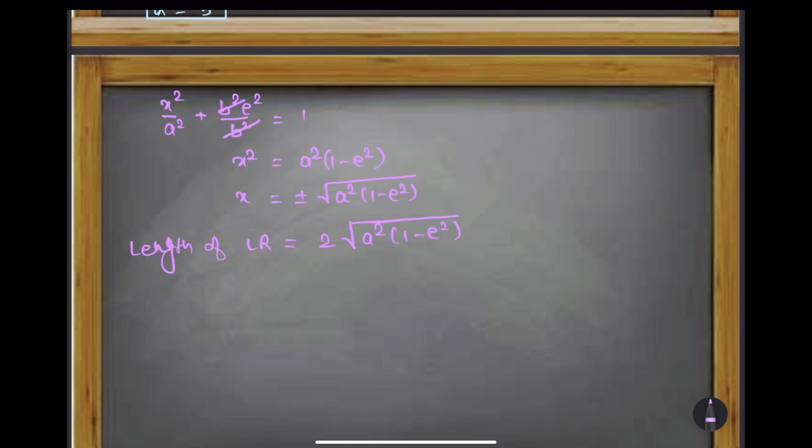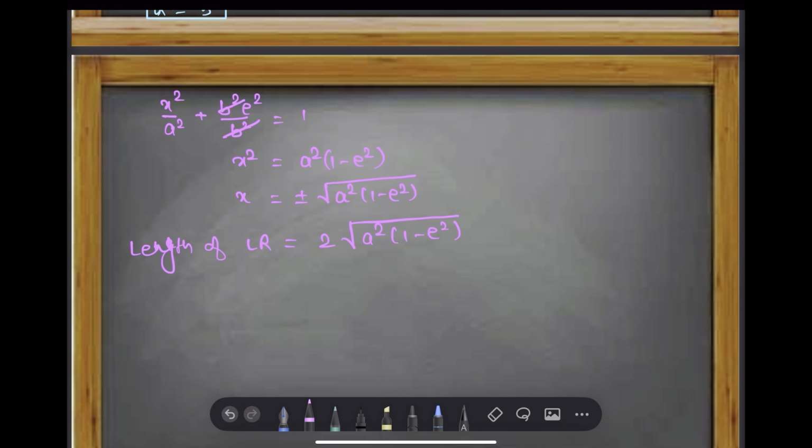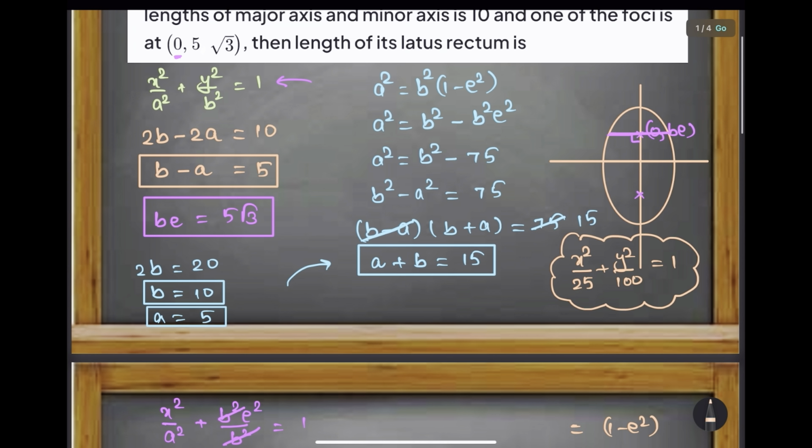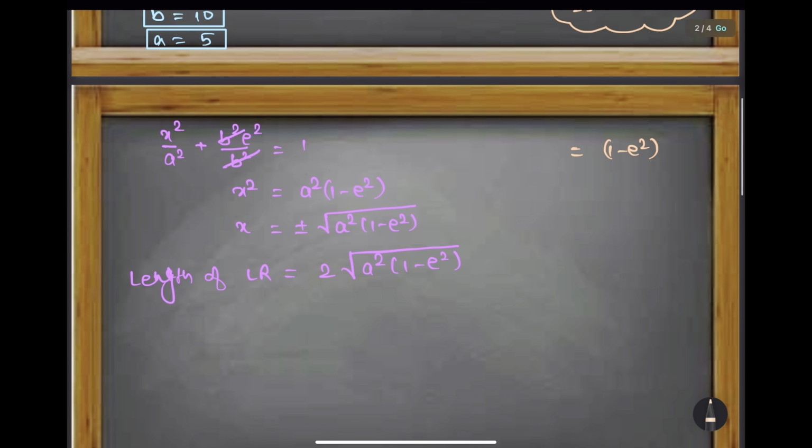Okay, now have you ever seen 1 minus e square before? Yes, it is in the relationship between a, b and e. So you know that you have to write 1 minus e square for sure. You are dealing with a vertical ellipse. So who is bigger? B is bigger. So b will go inside, a square by b square. Correct?